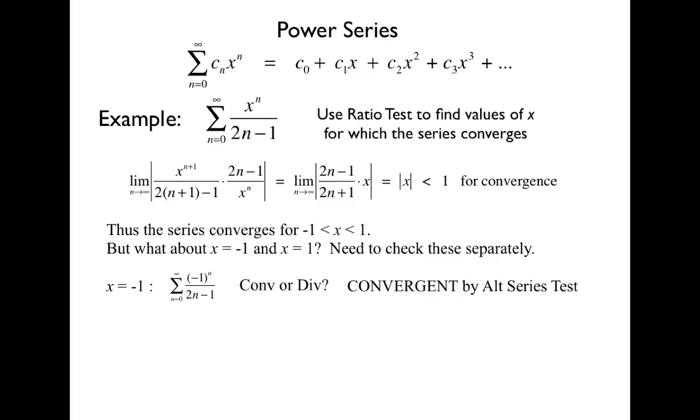What about x equals 1? When x equals 1, we get 1 over 2n minus 1. And for that case, we have to ask, is that convergent or divergent?